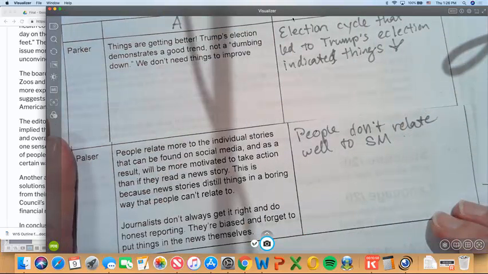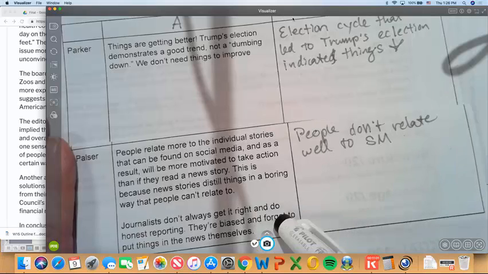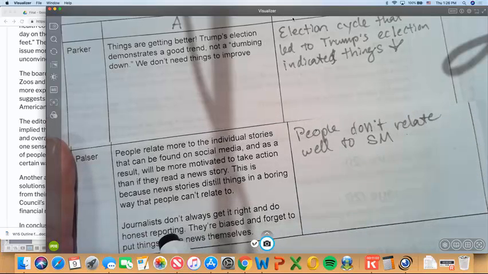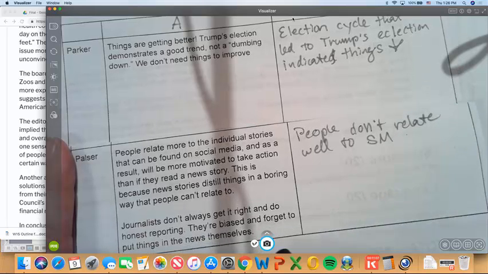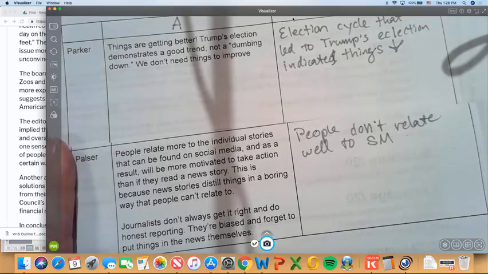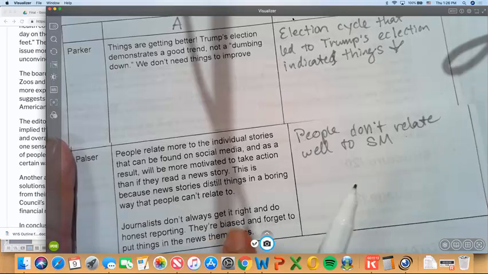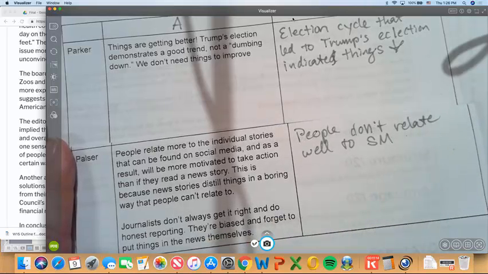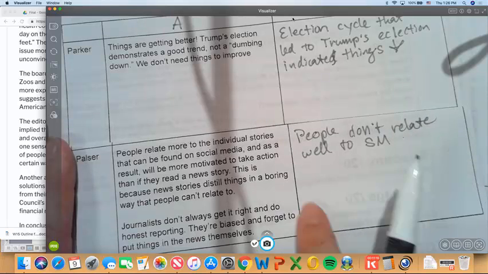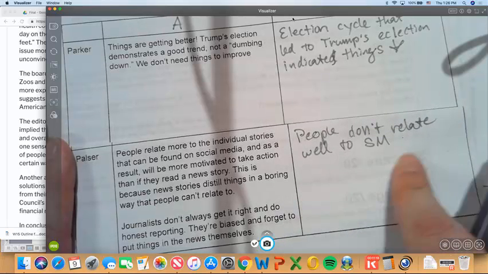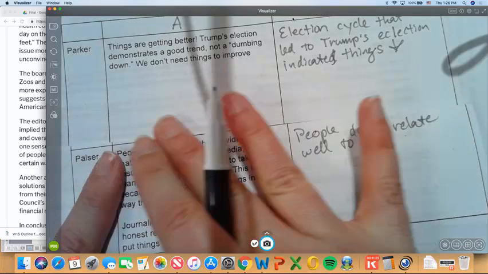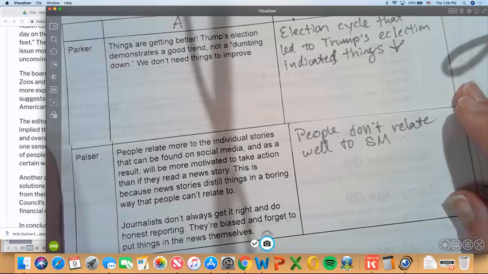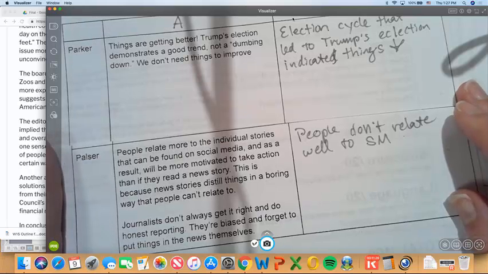And then also connected to this, the idea that journalists don't always get it right and do honest reporting. They're biased and forget to put things in the news themselves. So what is the opposite of that? What is this exposing that the author hasn't said? Any thoughts? Like intention for journalism?